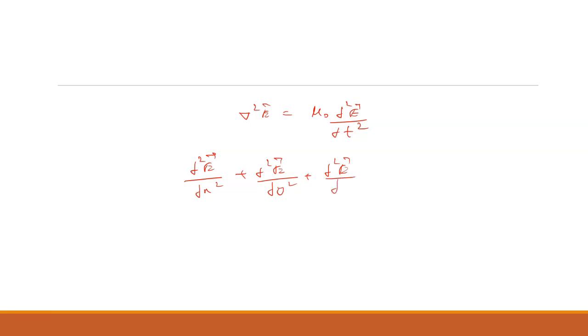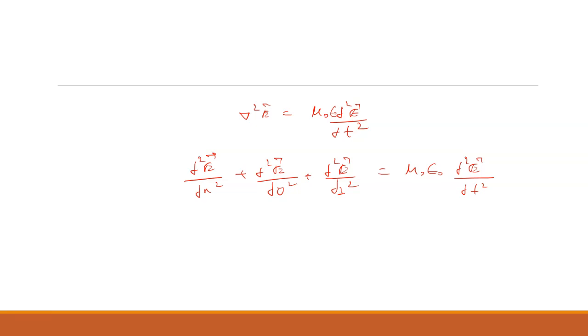Now let us discuss the proof. For the plane wave equation in free space, we have already derived del square E equals mu naught epsilon naught, curly square E by curly t square. We expand it: curly square E by curly x square plus curly square E by curly y square plus curly square E by curly z square equals mu naught epsilon naught curly square E by curly t square.